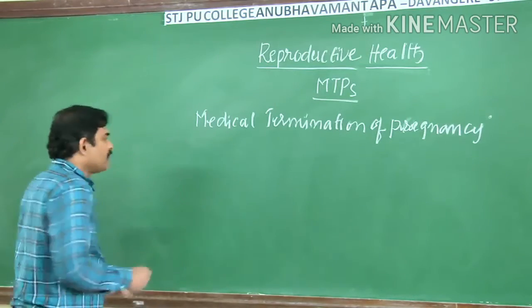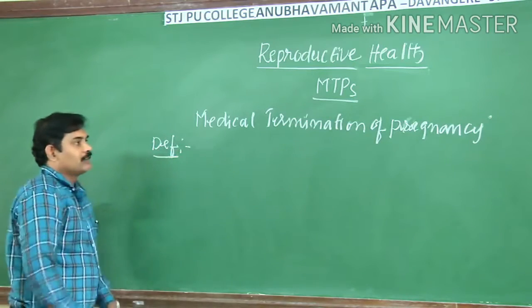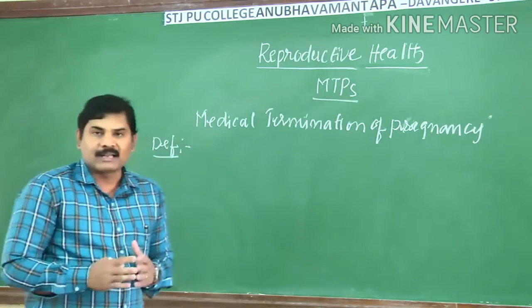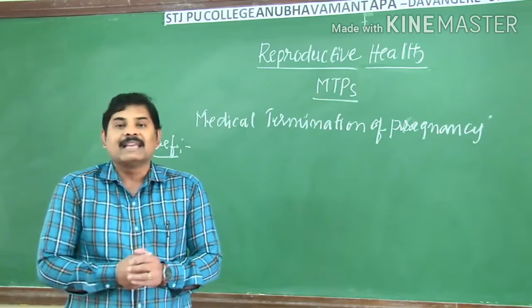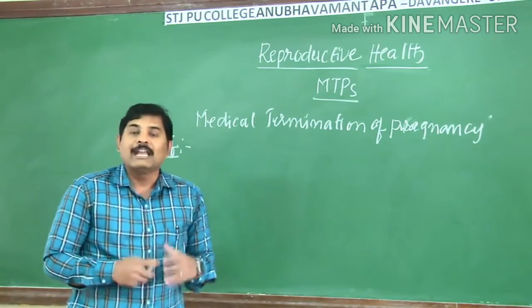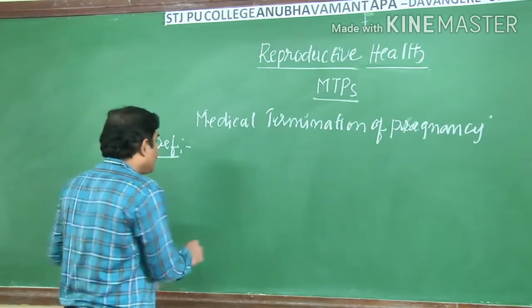Coming to the definition of these MTPs: intentional or voluntary termination of pregnancy before the full term is technically known as medical termination of pregnancy, or induced abortions. And here I would like to write the entire definition on the board.